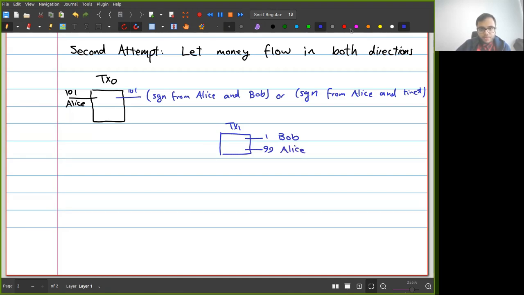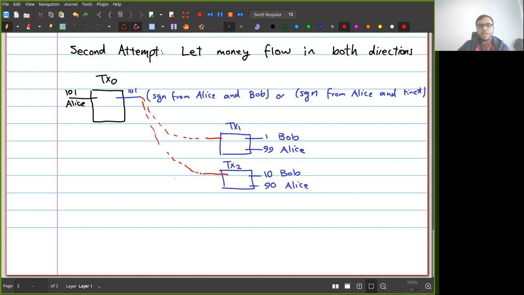And this is coming from here. And then let's say I have another transaction. And this time, let's say I'm paying 10 units to Bob and 90 units to Alice. And this is also coming from here. And just as before, Alice is just creating these transactions, but not publishing them. Alice is only giving these transactions to Bob.